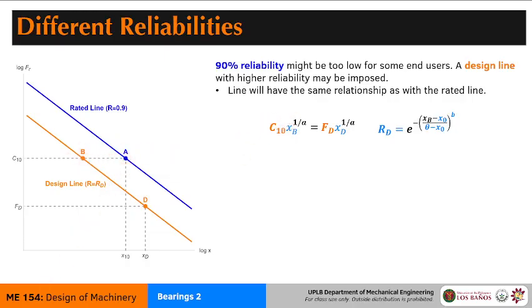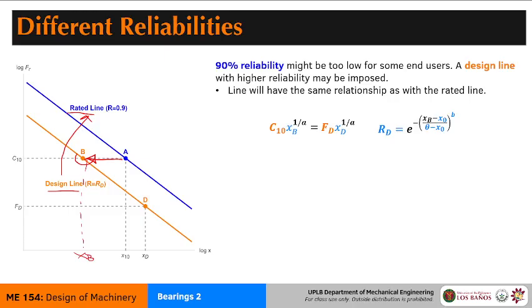Now, why did we use B in this case? So that we can tie this design line to the rated line, we projected C10 from the rated line onto the design line. If you project the same C10 on a different reliability curve, you end up with a different life.